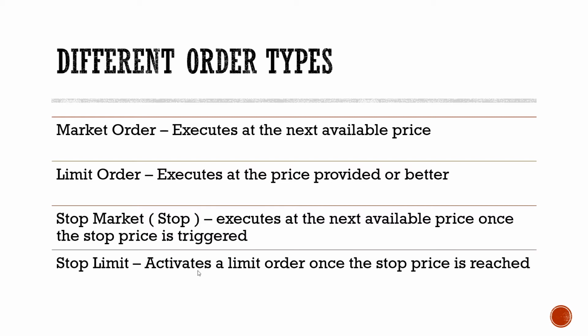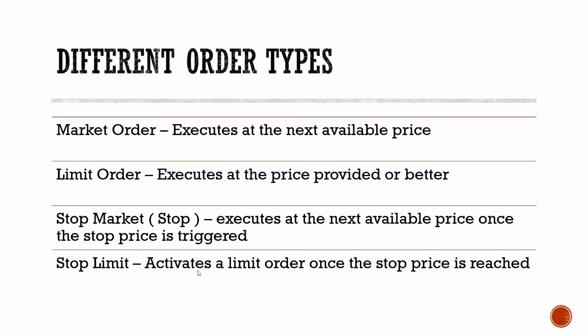A stop limit is an order that activates a limit order once the stop price is reached. I use this order to get into a stock. Let's say a stock is trading at $12, but I really wanted to wait till it gets to 12.50. So I use a stop limit order, and I'll put a stop of 12.50 with a limit of maybe 12.50 or 12.51, right?